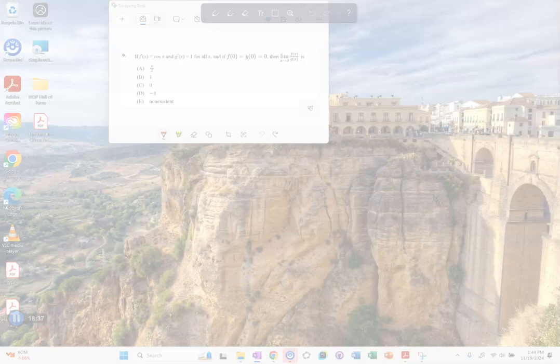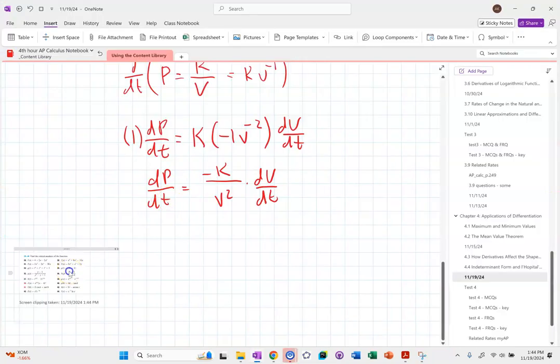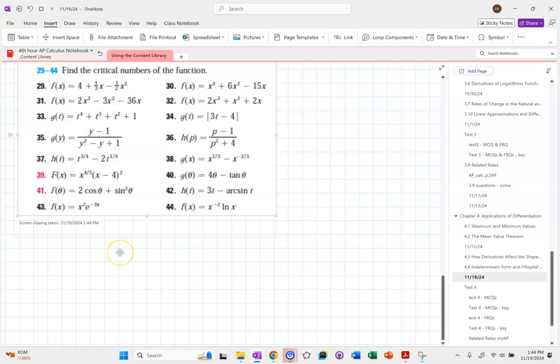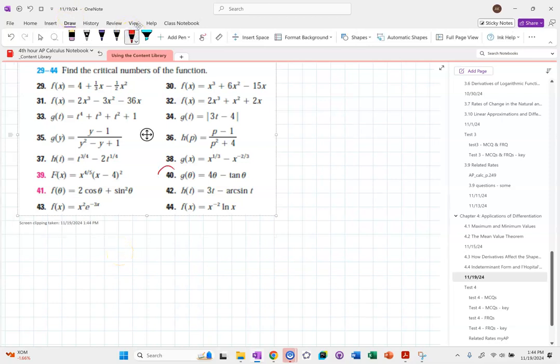So I'm going to grab the whole section so we have the directions here.